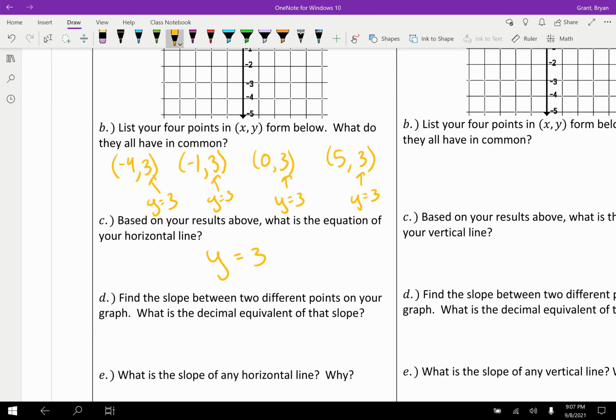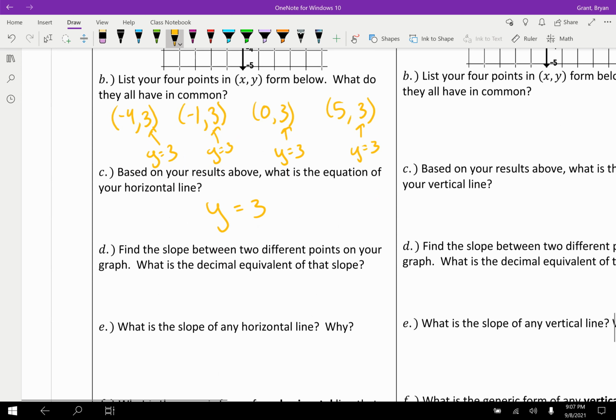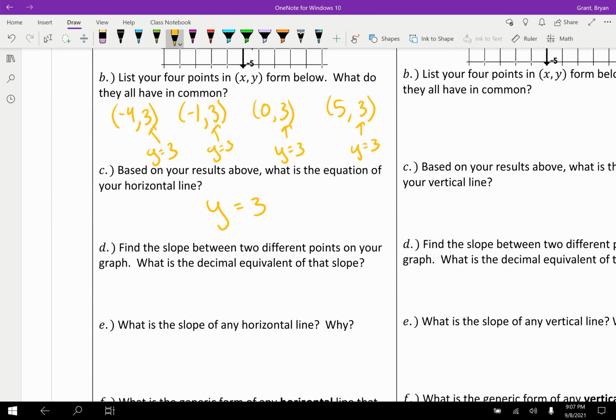Seriously, that's it. Now, you'll notice that y equals 3 is kind of weird because it doesn't fit our slope-intercept form. Slope-intercept form had a y and an x. And whenever you have both of those, you're going to have a diagonal line. But if you just have one of them, I just have y here, I don't have x, it's going to be horizontal or vertical.